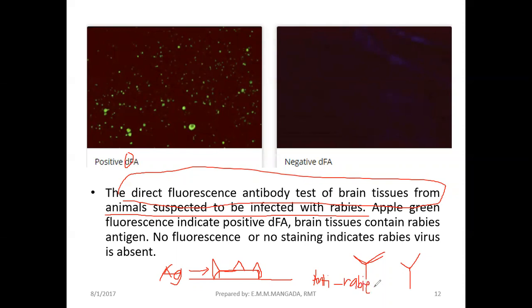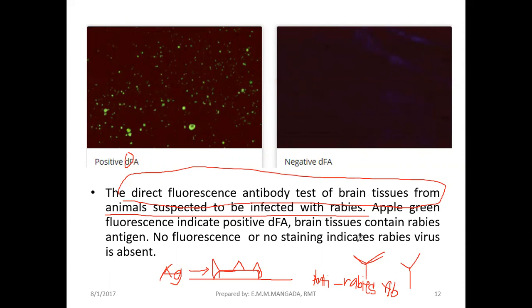Anti-rabies antibodies. Okay? So they are your anti-rabies antibodies. So guys, our anti-rabies antibodies are actually against the rabies antigen, right? So the rabies antigens have antibodies against them, and these are your anti-rabies antibodies.